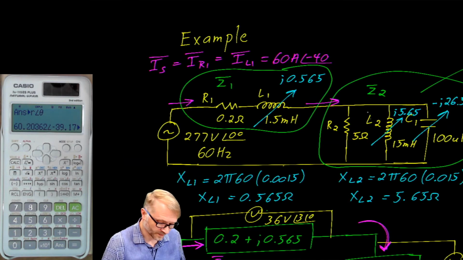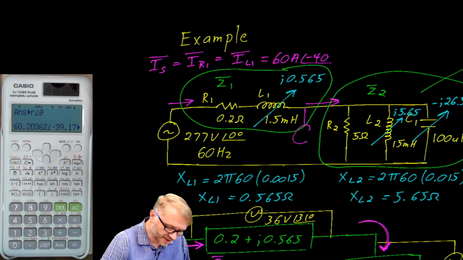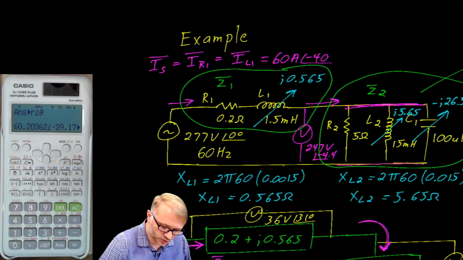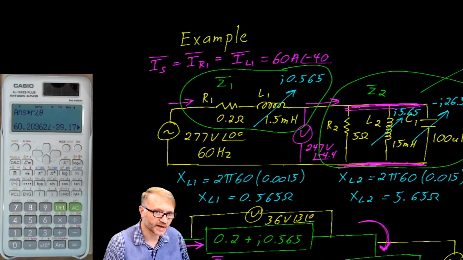The good news is that we know what this voltage is. I believe that voltage was 247 volts at a phase angle of negative 4.4. Since we know the voltage across each element and we know the impedance of the element, we can calculate the current.